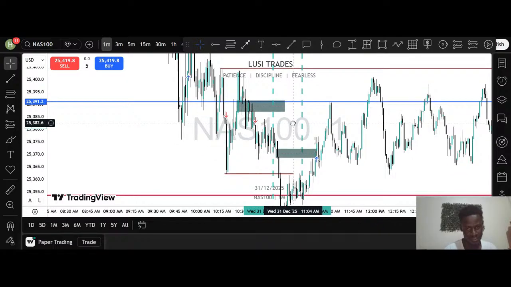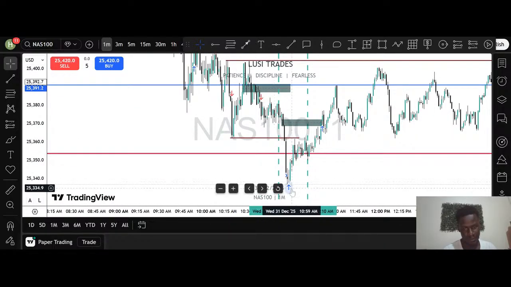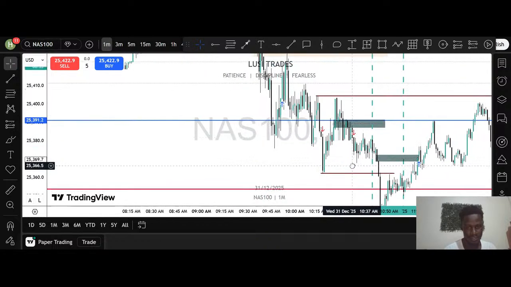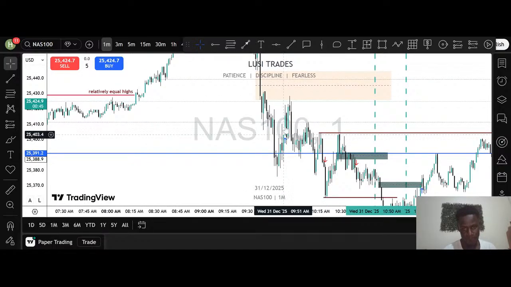After this IFVG promised that it's holding, we took that short and took half of the contracts there, scaled our stop loss, and finally was taken out there. So that was our second entry. The first one was trying to go long, in as much as this was a premature entry, because such happened.